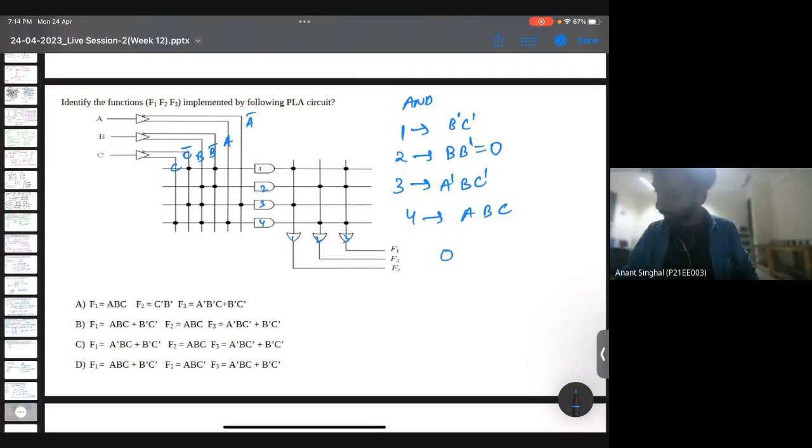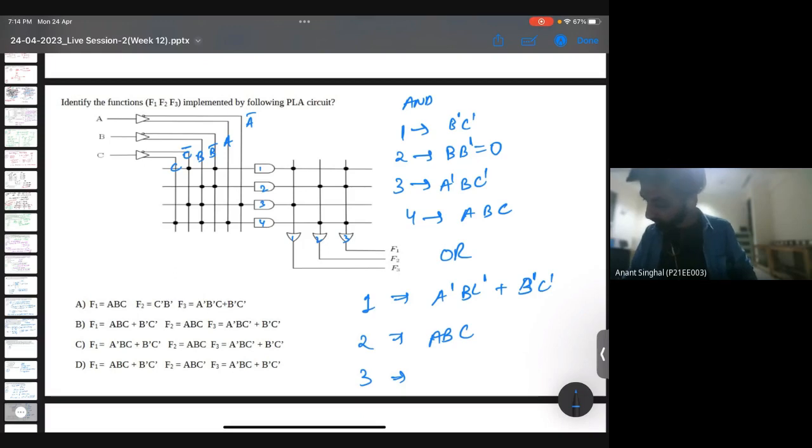Now the corresponding output of the OR gates: first and third, A bar B C bar plus B bar C bar. Second will be second and fourth, so 0 plus ABC. Third is second and fourth, so B bar C bar 0, and fourth is ABC.